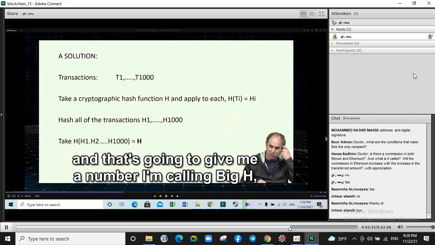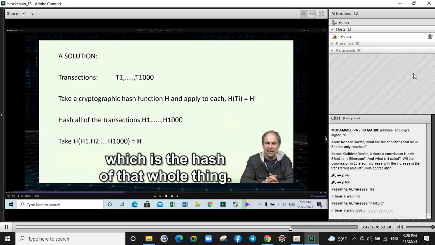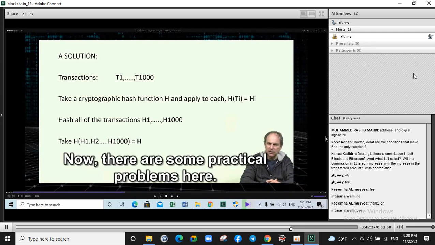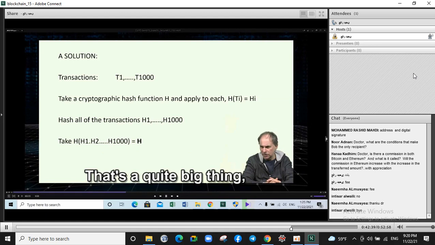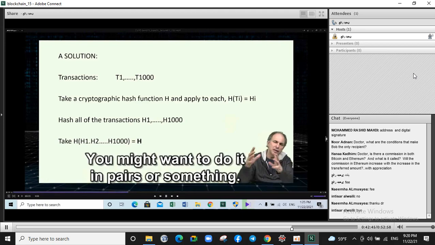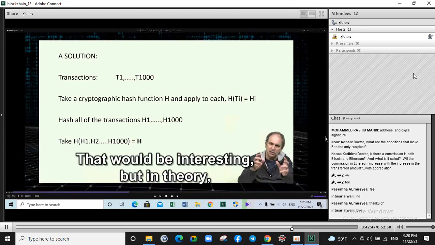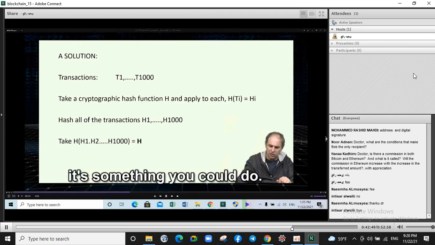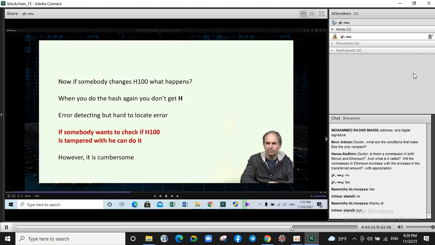Now there's some practical problems here. That's quite a big thing, thousands of hashes put together. You might want to do it in pairs or something, and that would be interesting. But in theory, it's something you could do. Now, what happens if somebody changes H100 or T100 actually? Changes a transaction or the hash of the transaction.